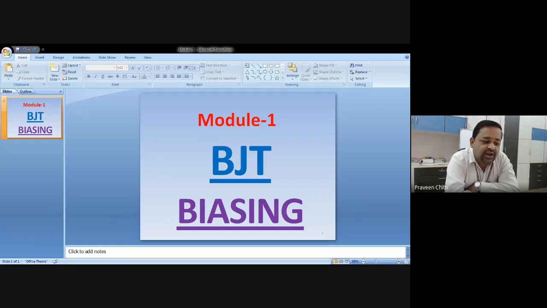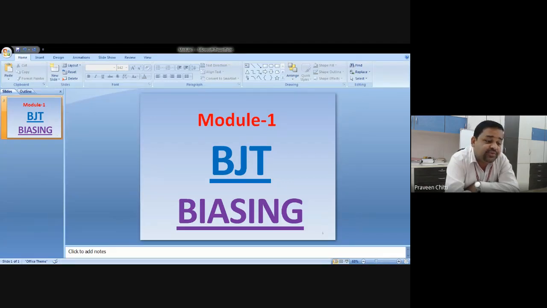Depending on how we use the resistive element along with the biasing battery, we have three different types of biasing circuit. Those are called base bias or fixed bias circuit, collector to base bias, and voltage divider bias. That means it depends on how we put the resistor along with the supply VCC. As the name indicates, in base bias or fixed bias, we put one resistor RB between the base and the collector supply.